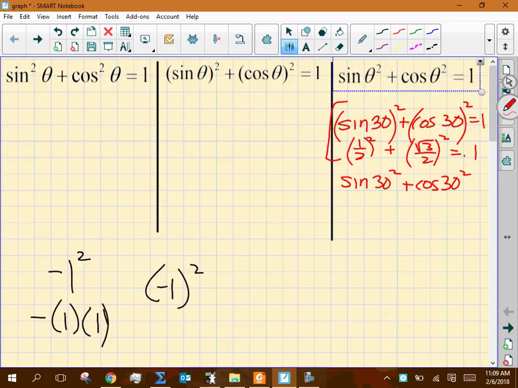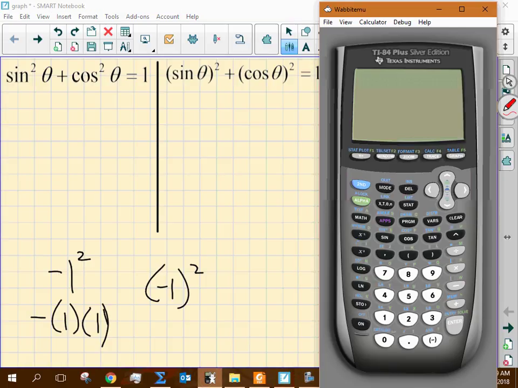But if I do that here, do I get 1? Sine of 900, take your calculators out, plus cosine of 900. If I add those together, do I get the 1 that I'm looking for? Make sure you're in the right mode. Sine 900 plus cosine 900.